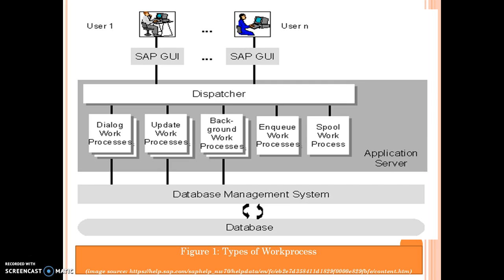The services offered by an application server are determined by the types of its work processes. One application server may of course have more than one function. For example, it may be both a dialog server and the enqueue server.